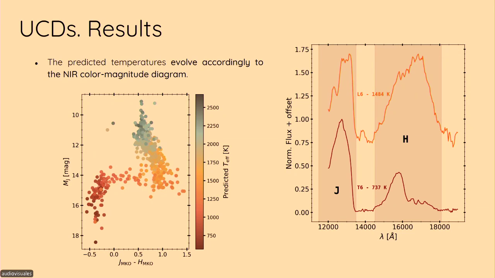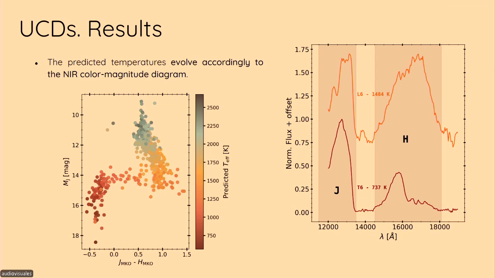Okay, and here I included another figure on the other side of the slide, where we can see two real spectra from SPECS. At the top, in orange, we can see an L6 spectrum, and at the bottom, in red, we can see a T6 spectrum.